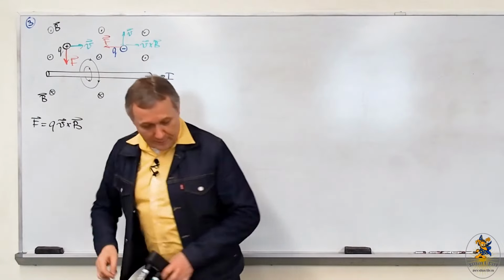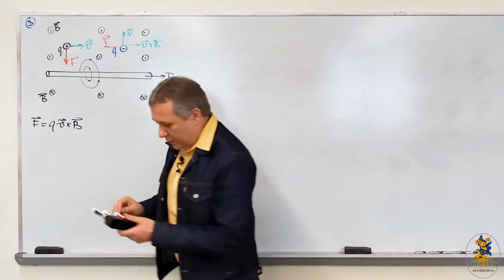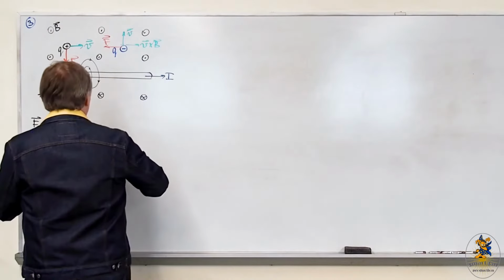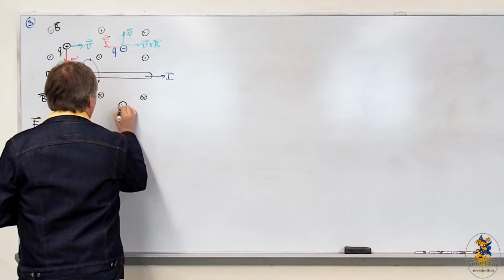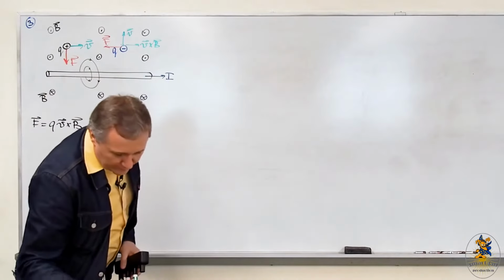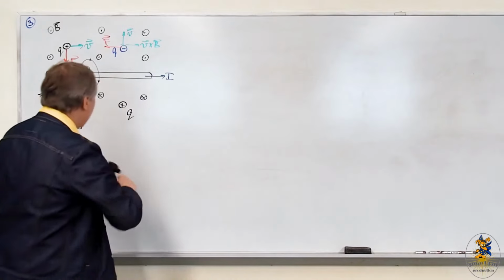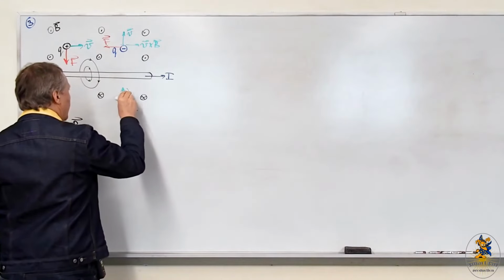So now next, let's say this is a positively charged particle over here, plus. V is upward.